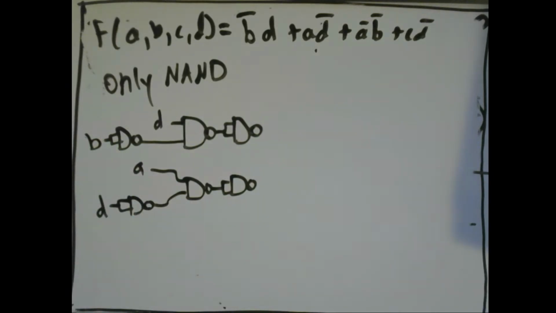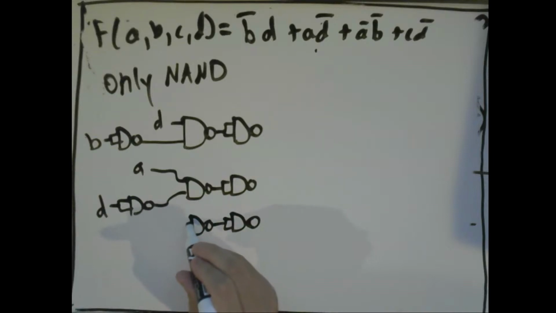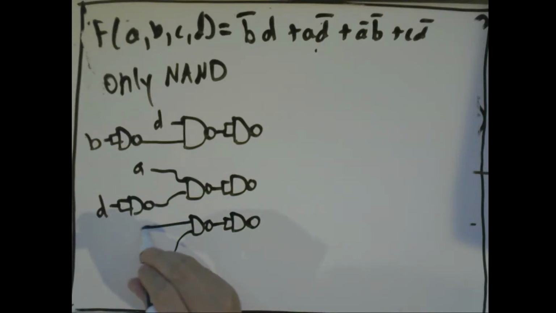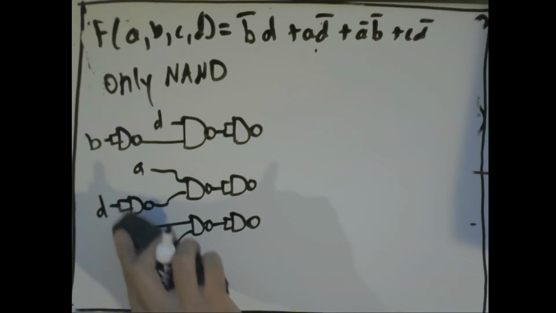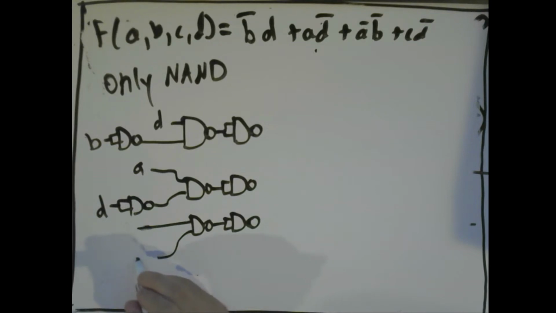So we need two more terms. We need inverted A and B. So we're going to have our NAND gate inverter here. We're going to have two here, and we're going to feed A and B into them.